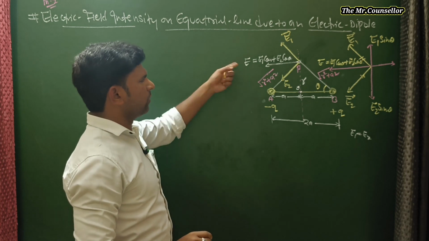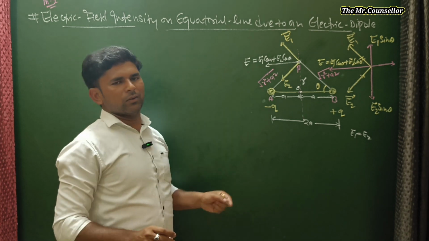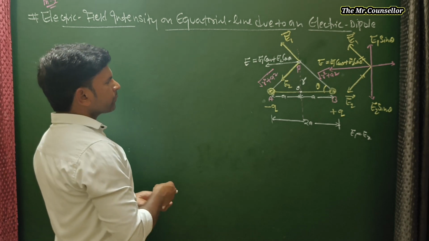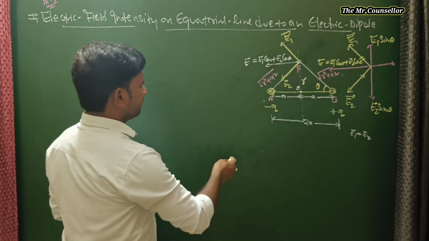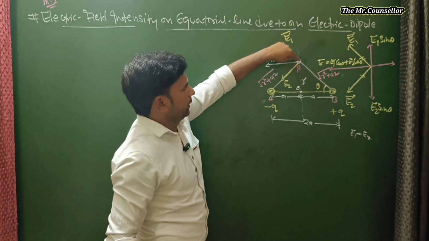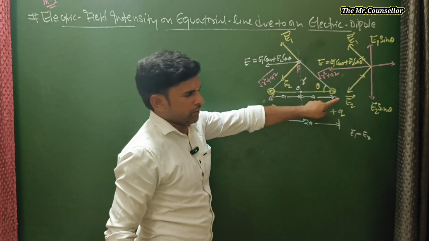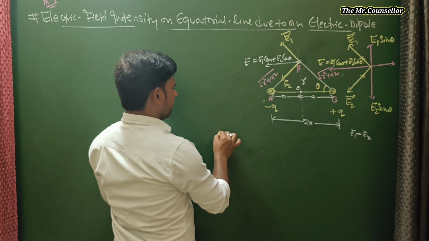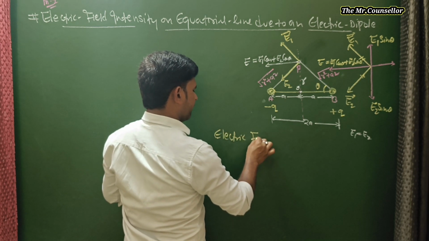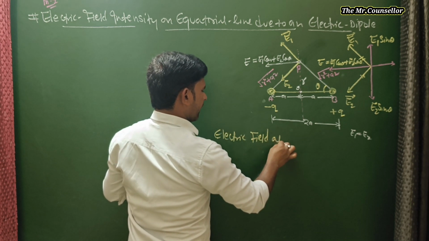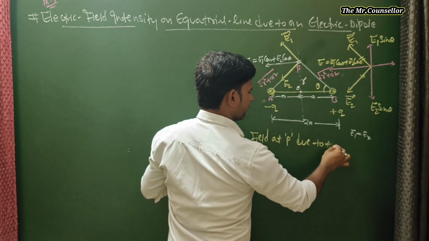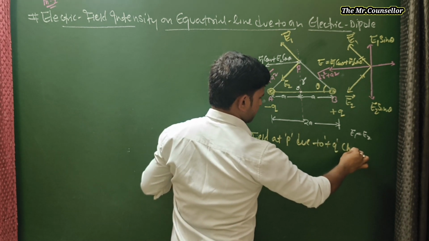Here I am not writing it, either you can write here, no problem, but in calculation we will complete it. Yes or no? So now, the electric field at P due to this positive q charge.